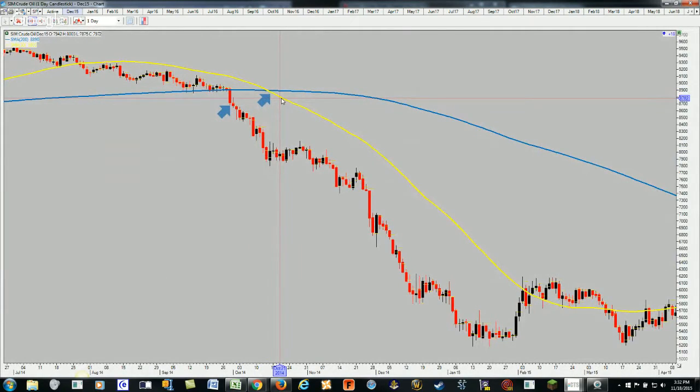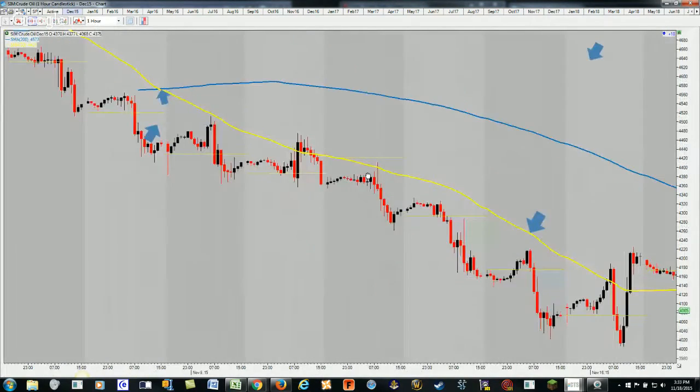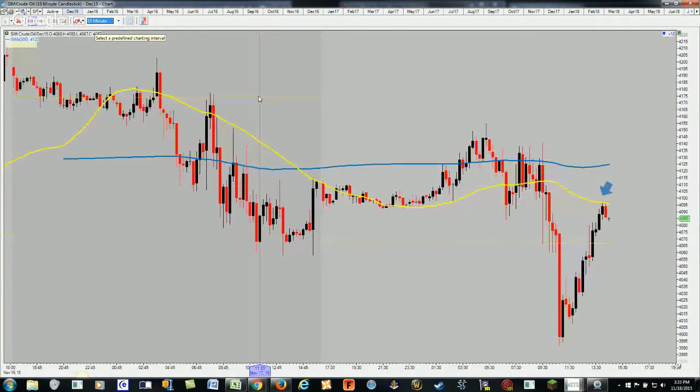So we've been in a downtrend as it relates to the daily chart since October 15th of 2014. But the last time that we moved into the downtrend on the hourly chart was right here at November 6th. And the last time that we moved into the downtrend here on the 15-minute chart, we just have to look back to November 17th.